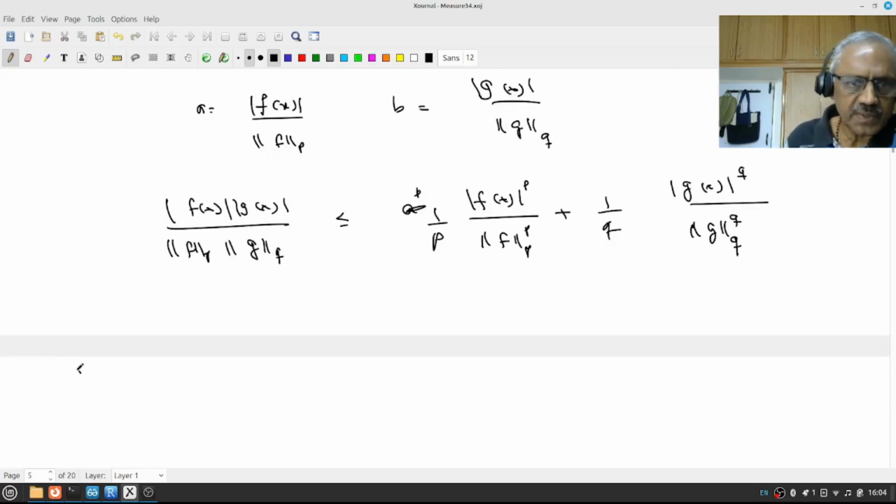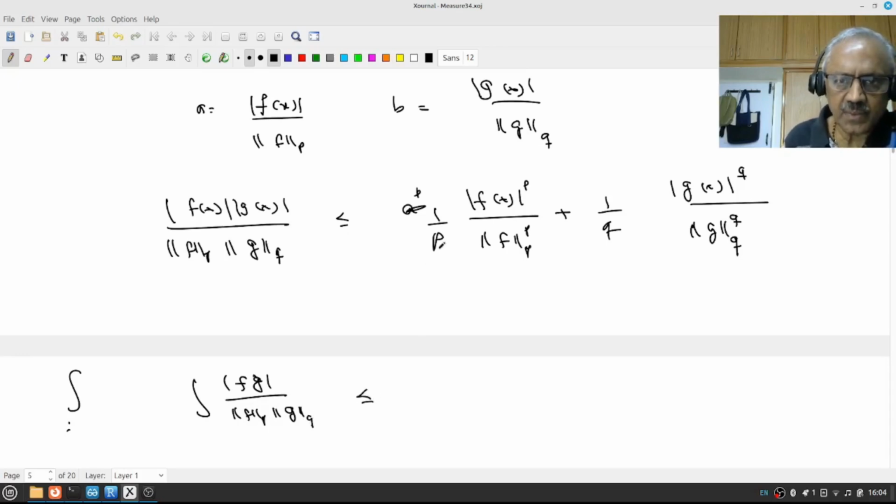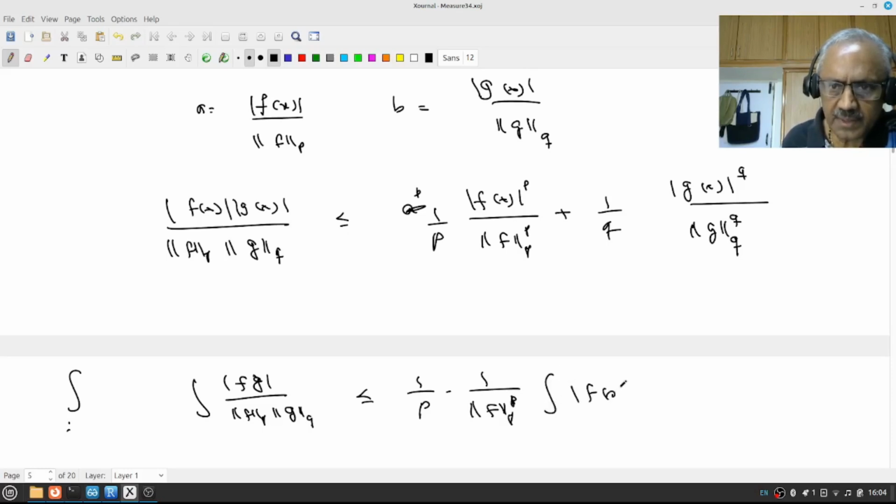So integrating, what we get is the integral of mod fg by the LP norm of f into the LQ norm of g will be less than or equal to, I have to integrate this, then this constant comes out, 1 by p, and I am integrating the power p, but these are one and the same, therefore it's 1.